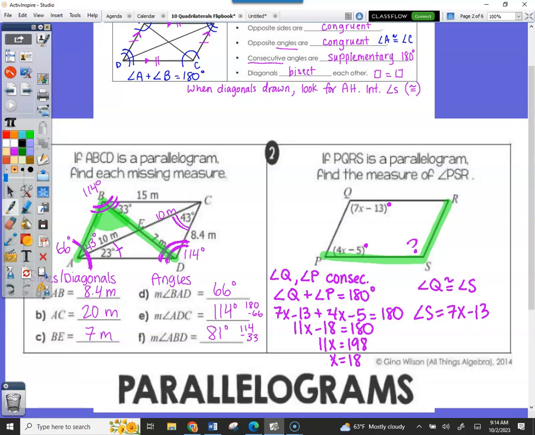So I'm going to plug 18 in and then type it in my calculator to get the answer. Is it 113? Yeah.